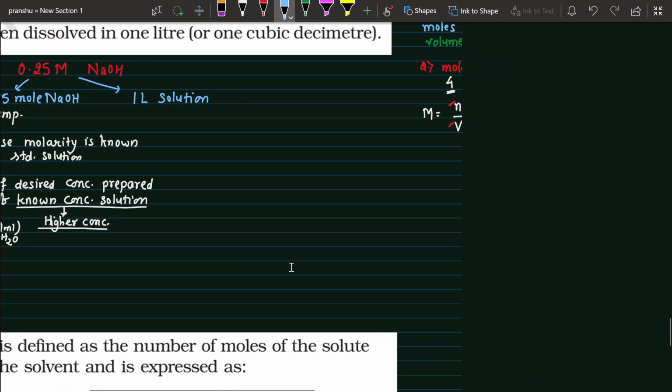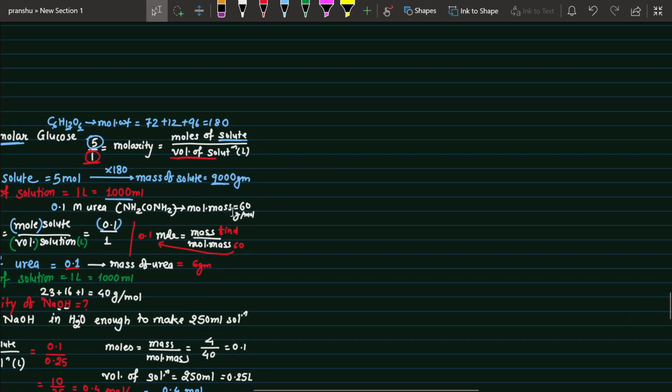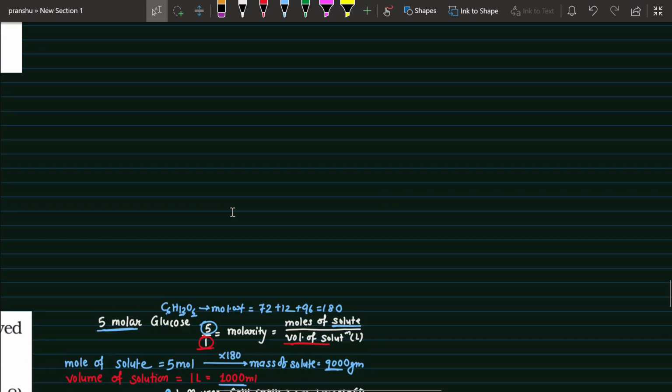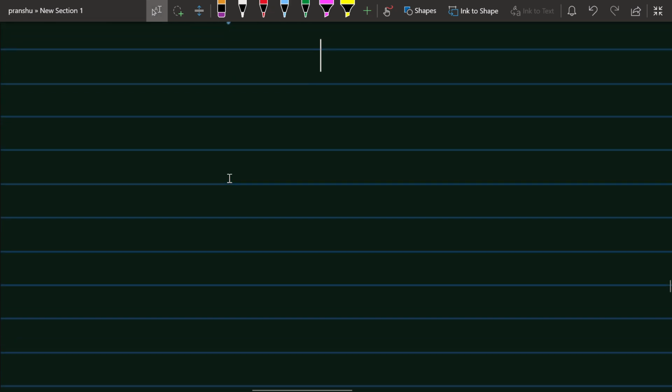Sometimes the question comes on the law of dilution. Such questions come in the JEE and NEET. Now the logic behind that.